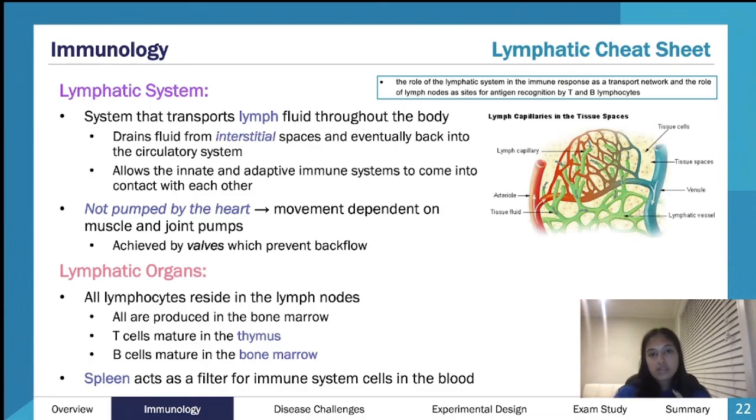So in terms of their names, T cells mature in the thymus, B cells mature in the bone marrow. So all of your lymphocytes start in the bone marrow. Your T cells will move to the thymus, and that's where they'll mature. Your B cells will stay in the bone marrow. That's where they mature. Hence T cells for thymus, B cells for bone marrow. And your spleen is kind of involved in this as well.